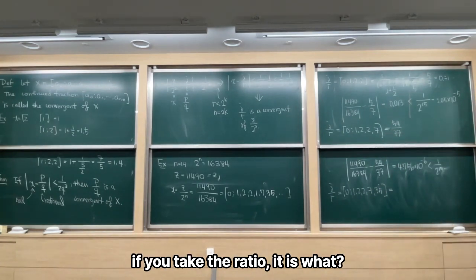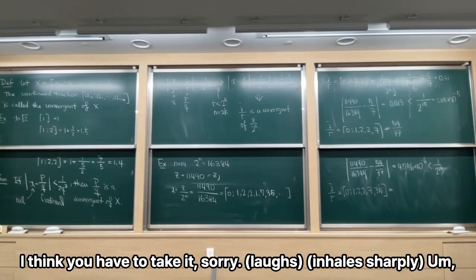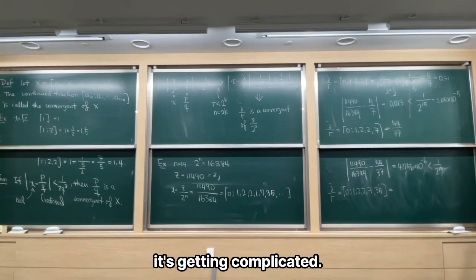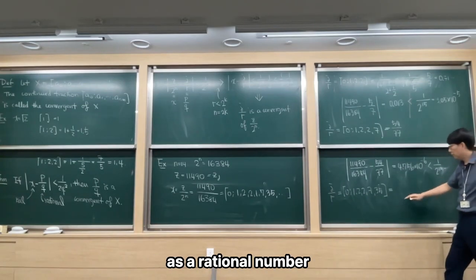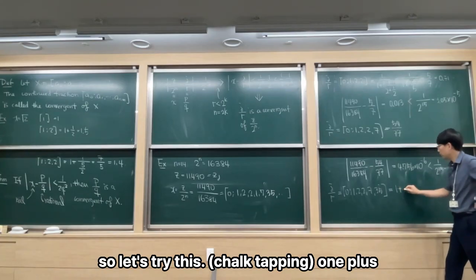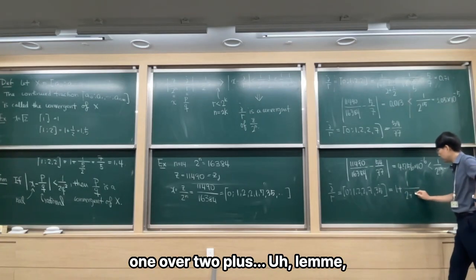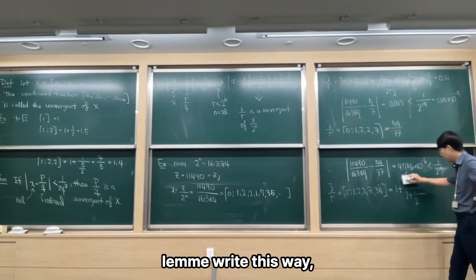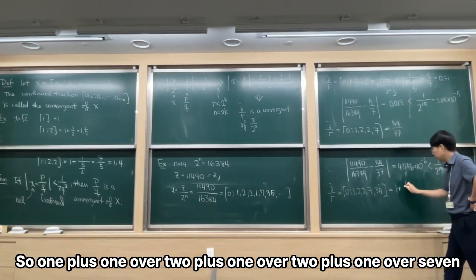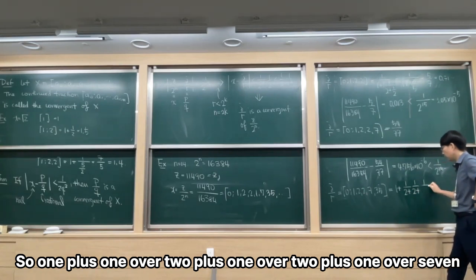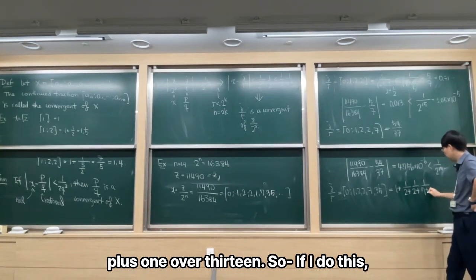So if you take the ratio, it is what? Getting complicated. I want the ratio as a rational number. So let's try this. It's 1 plus 1 over 2 plus 1 over 2 plus 1 over 7 plus 1 over 35.